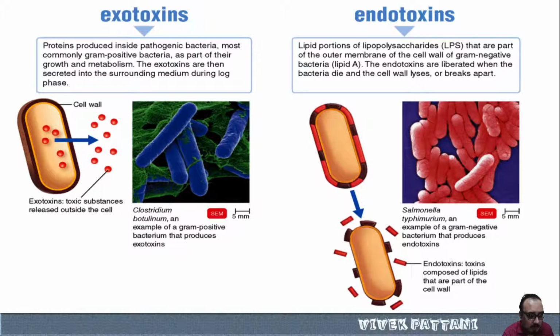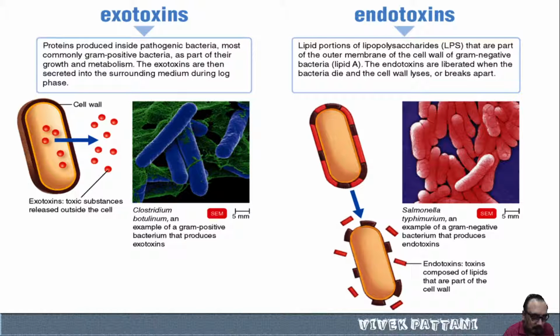Toxins are the primary factor contributing to the pathogenic properties of microbes. If you want to note down, please note down: the capacity of the organism to produce toxins is called toxigenicity.